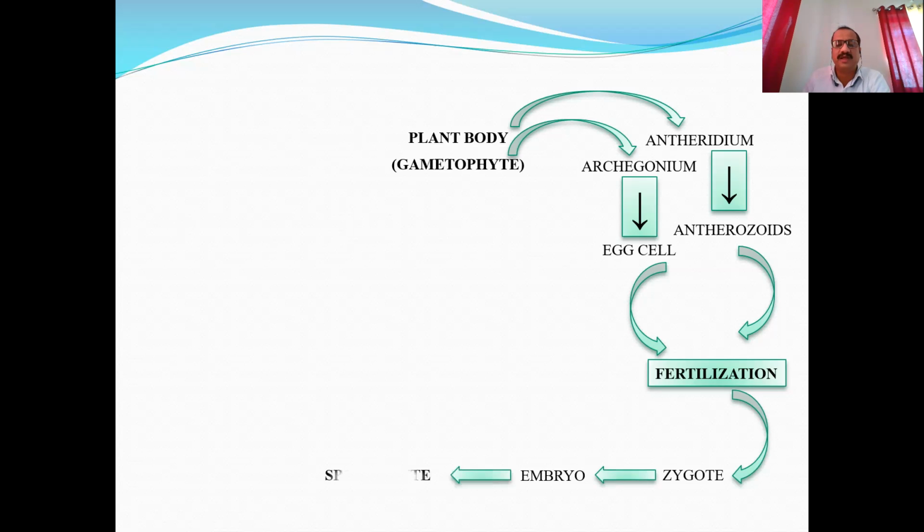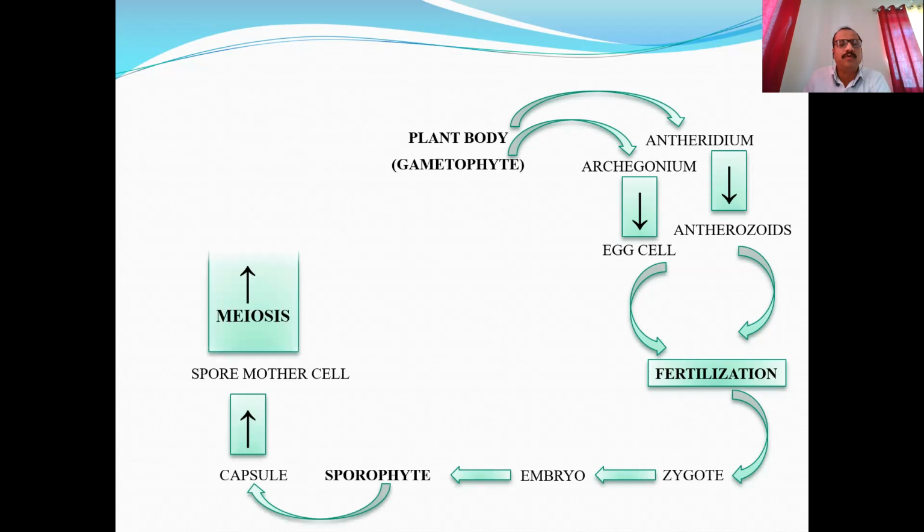Then it forms a specialized sporophytic structure which consists of foot, seta, and capsule. The important part is the capsule or spore bag, which consists of the spore mother cells, and the spore mother cell by meiosis gives rise to haploid spores.